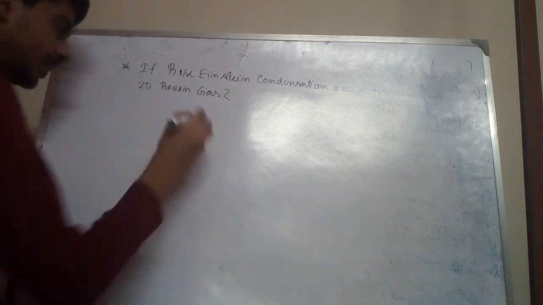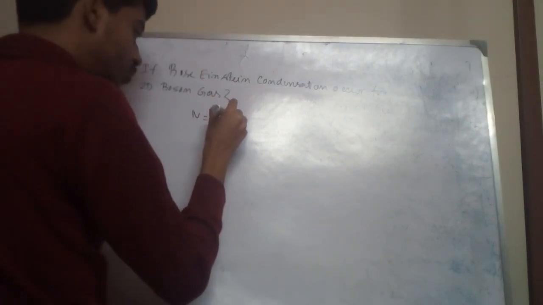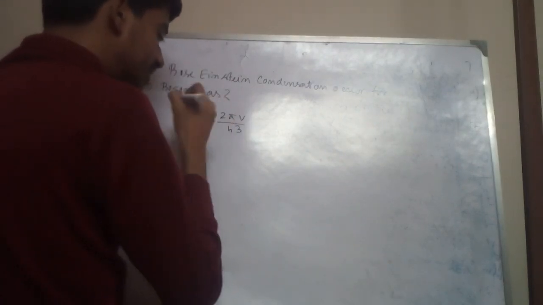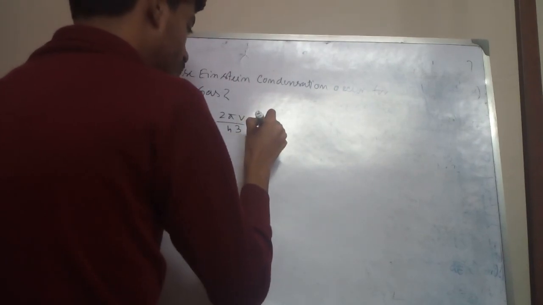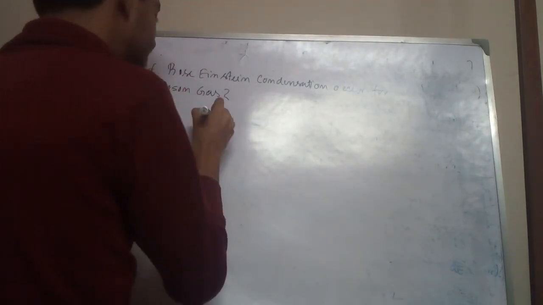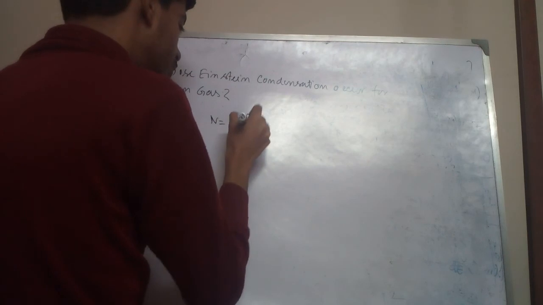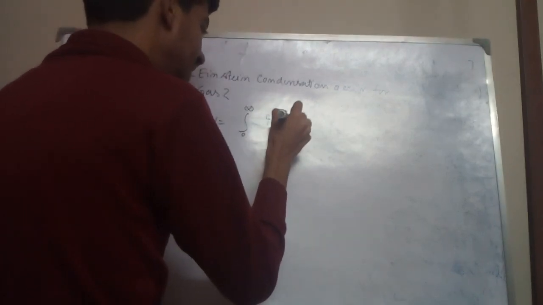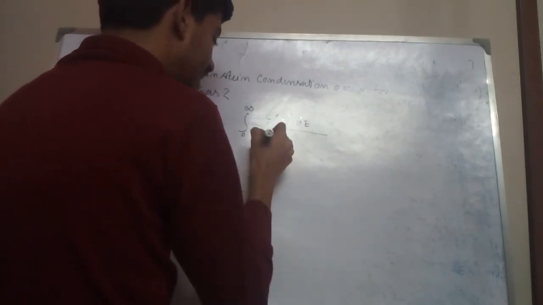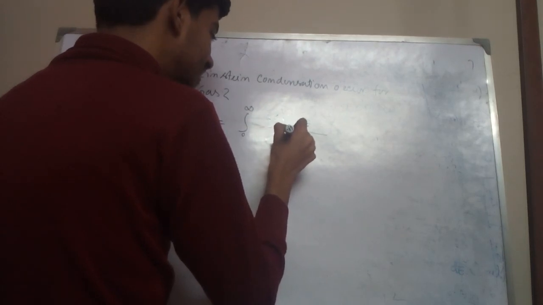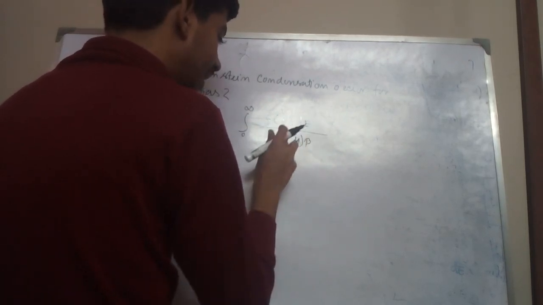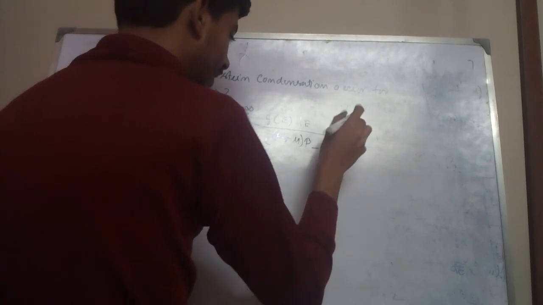Let us check. N is simply the integral from 0 to infinity of GED dE over e to the power (E minus mu) beta minus 1.